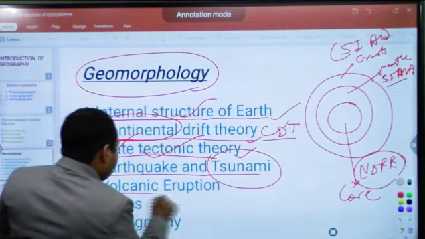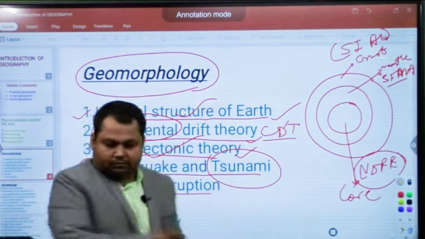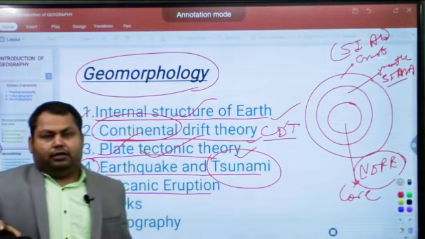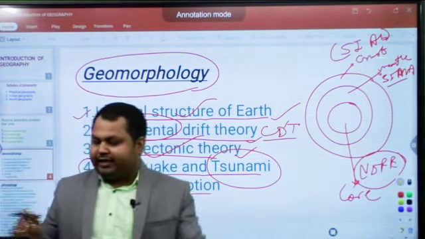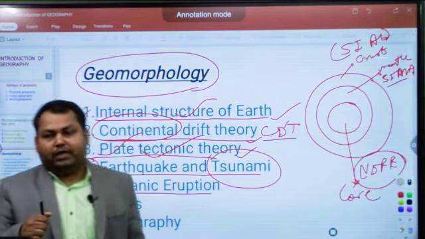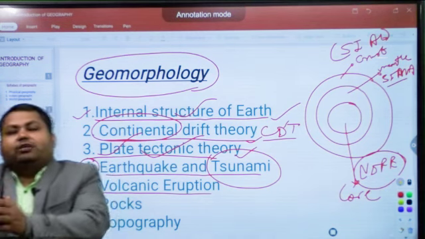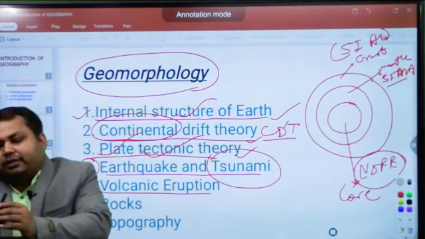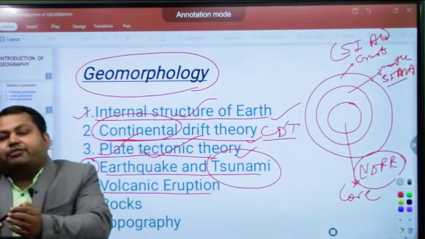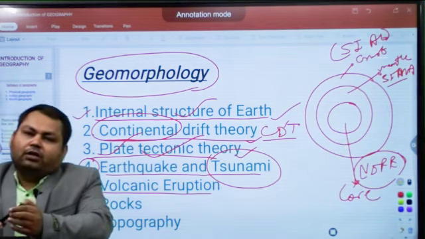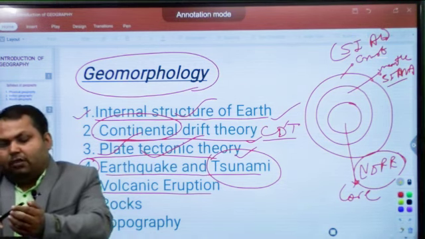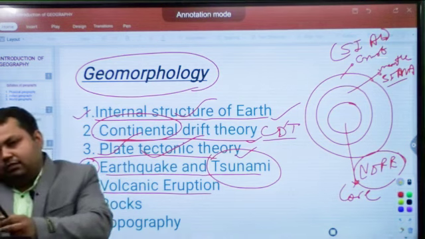The next topic is what? Volcanic eruption. What is volcanic eruption? Upwelling of hot molten material or magma from the interior of the earth.